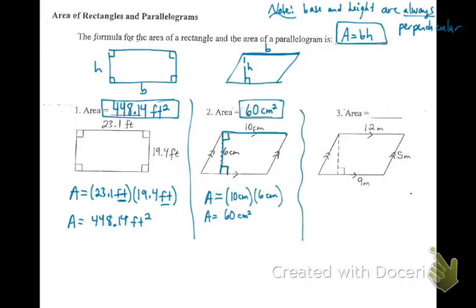Let's look at example 3. Now number 3, notice I have a base of 12, and the other side is 5, and part of the other base is 9. I don't have the height though. I need the height in order to find the area. Now to find the height, we're going to be using this little triangle over here on the left.